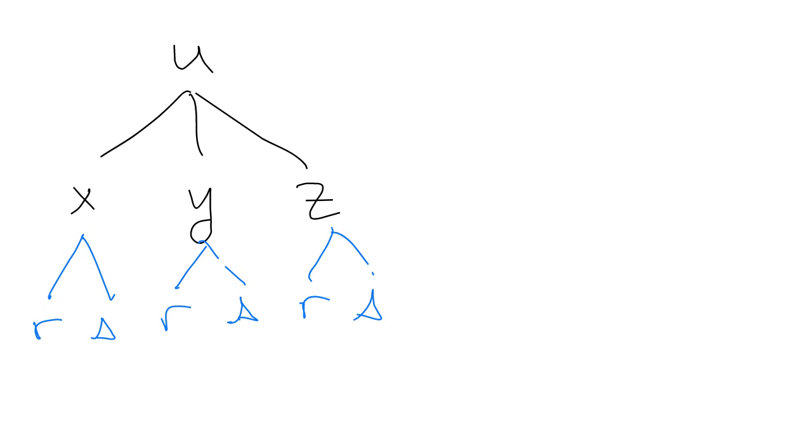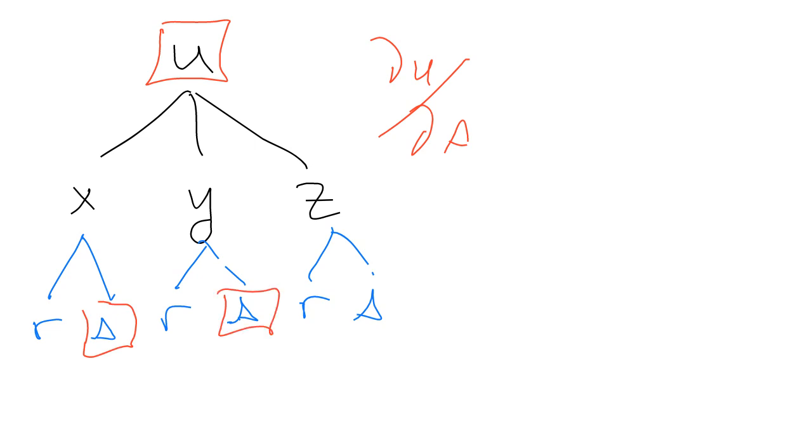If I want the partial of u with respect to s, let's just do that one. So I've got my u here, and then here are my s terms down here. Then I'm going to follow the tree branches as a product, so I'll go this way, multiply those partials together, add it to these partials multiplied together, added to these partials multiplied together.